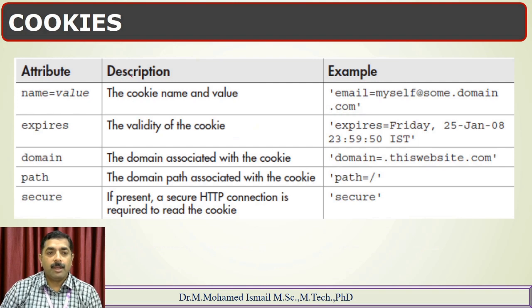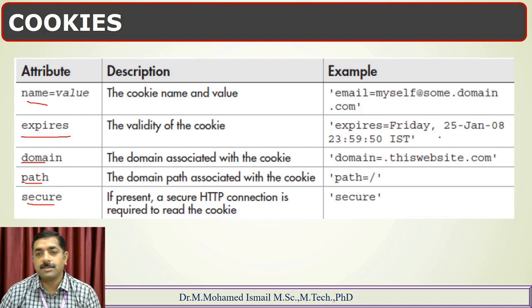So for the attributes, the name we have to mention, and when it is going to expire, that we can mention, along with domain and path, and whether it is secure or not secure, we can give. Name can be anything. For expiry, we can mention a date, or plus 5 seconds, 15 seconds, or 1 hour, till night 12 o'clock, like that we can set.